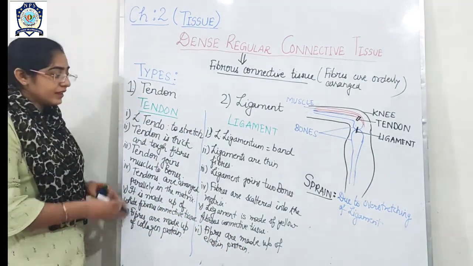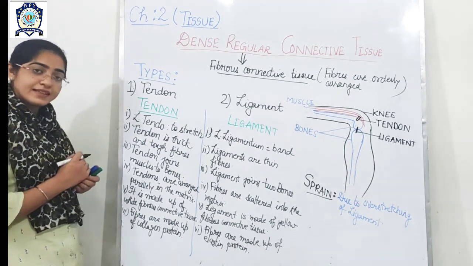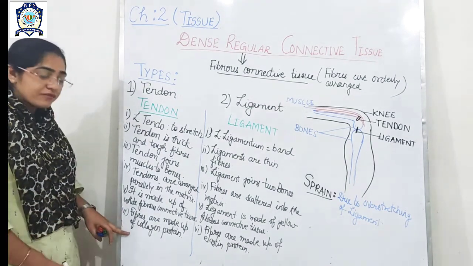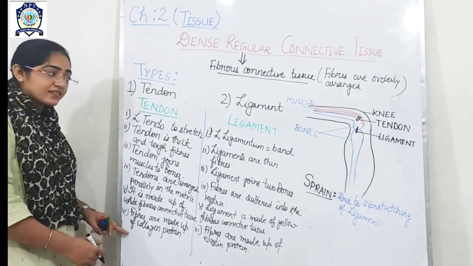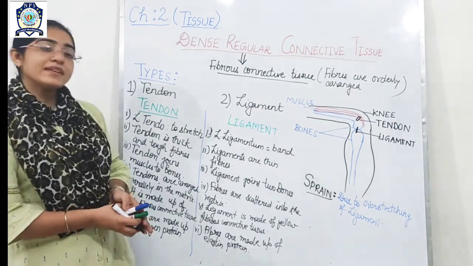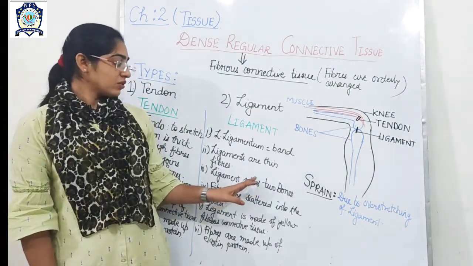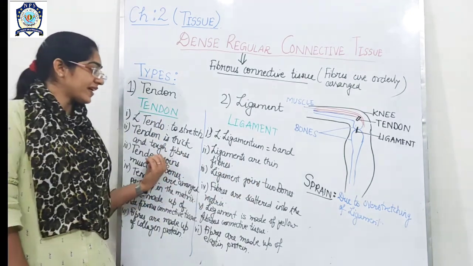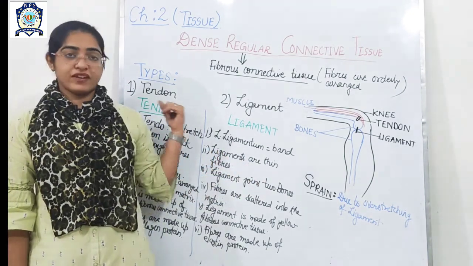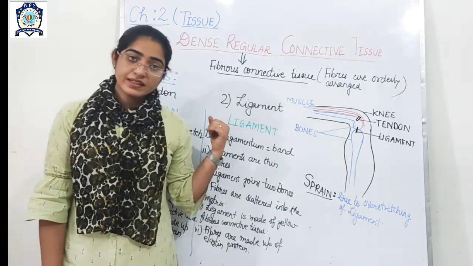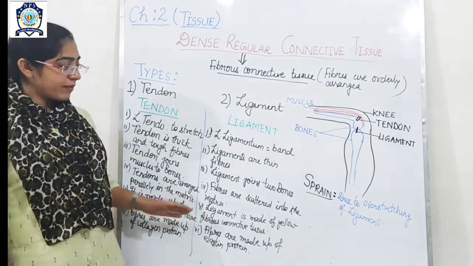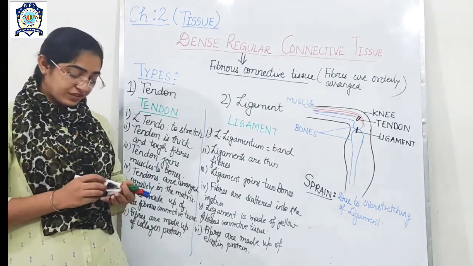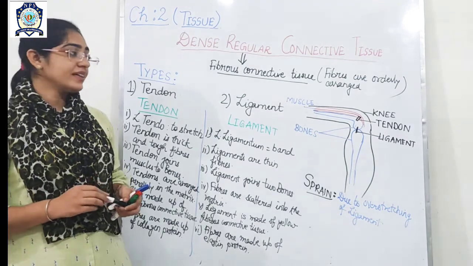Now they are tough and thick, and since they are made of collagen fiber, they are inflexible. And ligaments are flexible. Am I clear? So this was all about the difference between the tendon and the ligament.